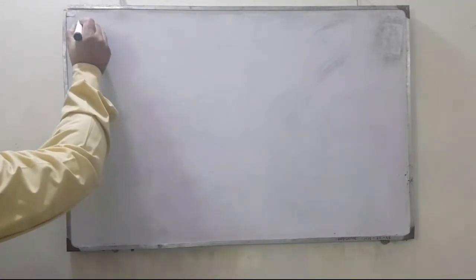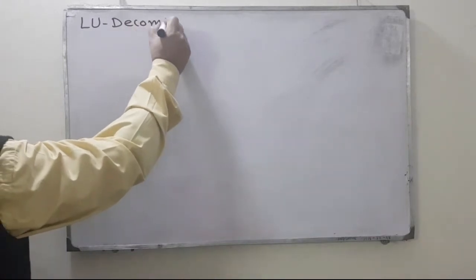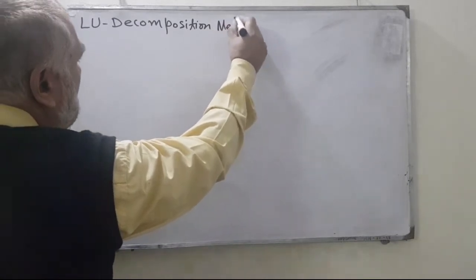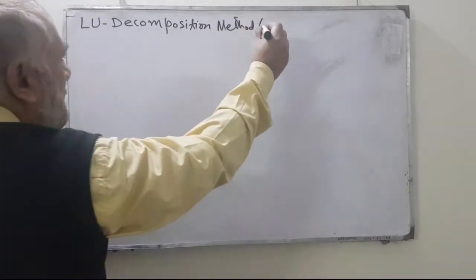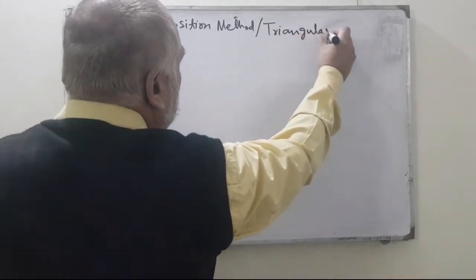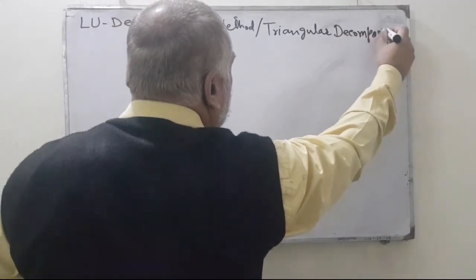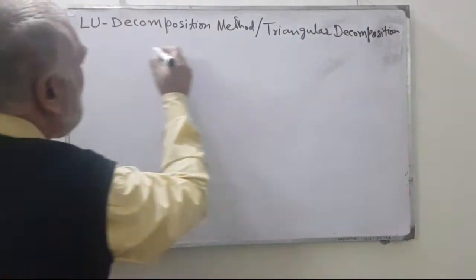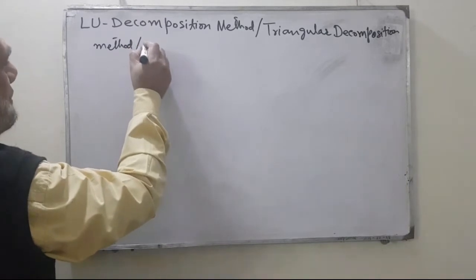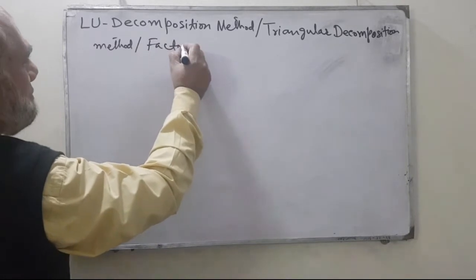The title of the method is the LU-Decomposition method. The other name of this method is the triangular decomposition method, and one more name you can find in literature is the factorization method.